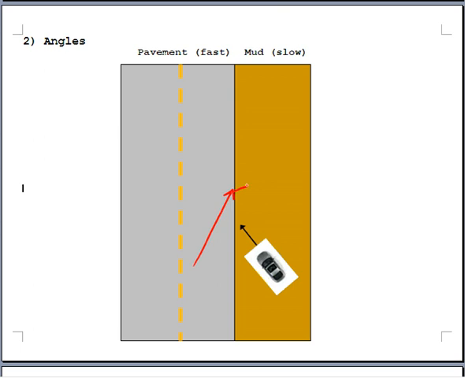It's going to bend you into the slower material because that right hand side of your car hits the slow material first, so it slows down, but the left hand side keeps going nice and fast.